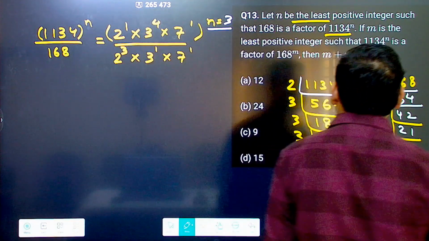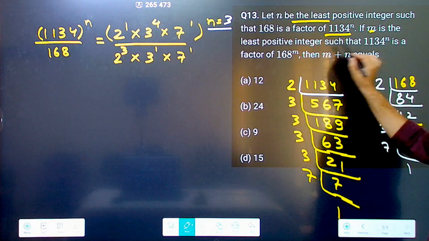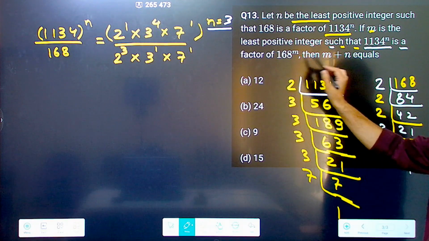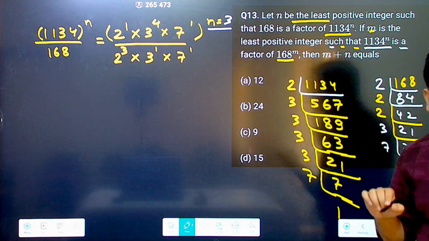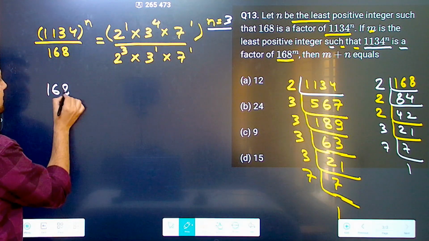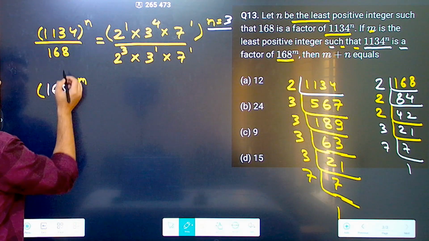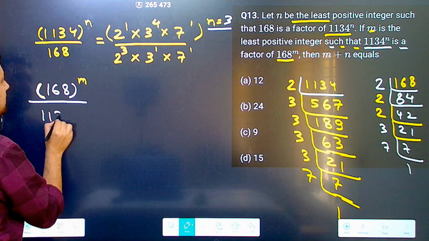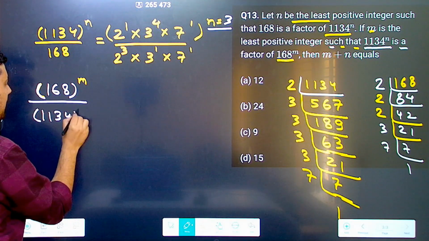Now it says if m is the least positive integer such that 1134 power n is a factor of 168 power m. Now see, now they have reversed it. So this is 168 power m. Which number is dividing this? 1134 power n is dividing it.